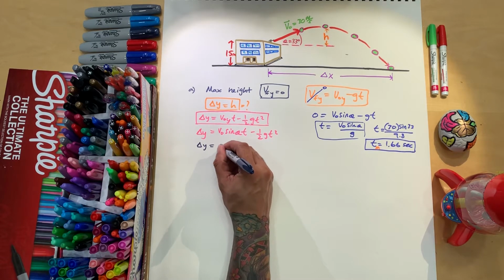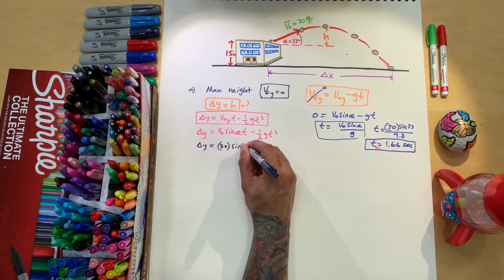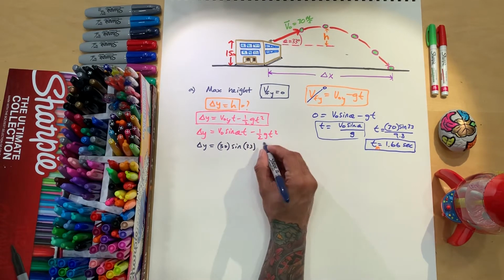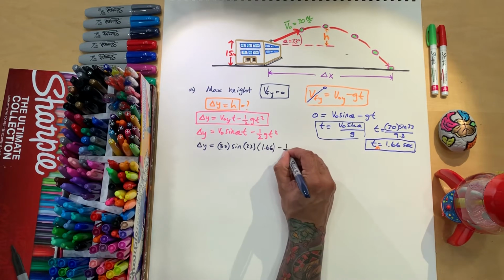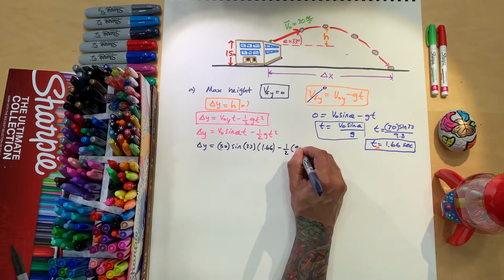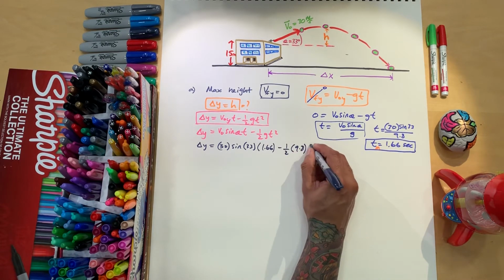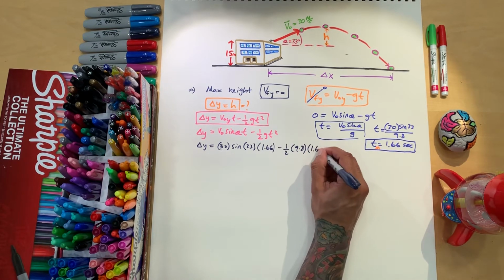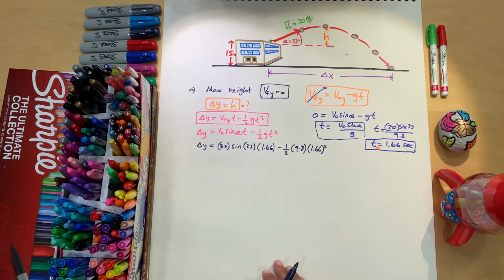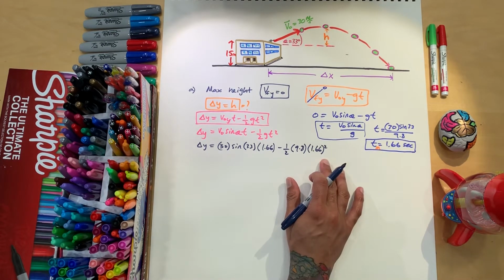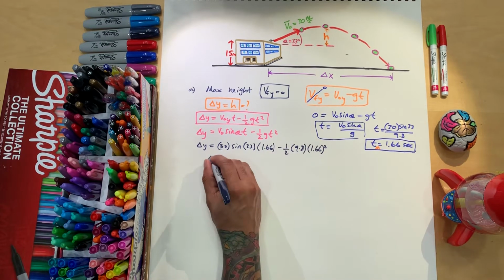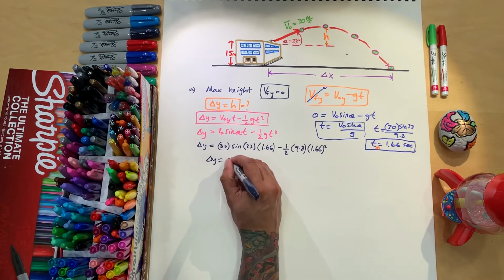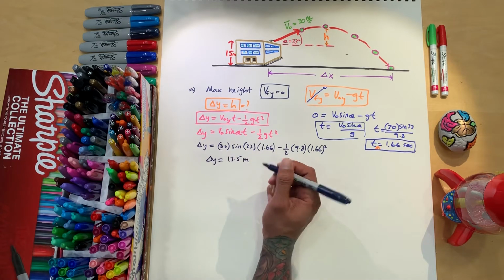We got 30, we got sine of 33, the time we got was 1.66, minus 1/2, gravity is 9.8, and again the time is 1.66 squared. All right, so plugging that in the calculator, we get delta y is equal to 13.5 meters.